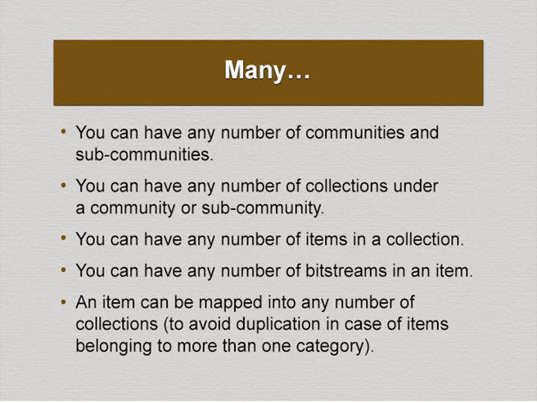So, an item can be mapped into any number of collections to avoid duplication in case of items belonging to more than one category. Here, of course, those who remember the phase relations of Ranganathan, for example, if there is a book on statistics for doctors, ideally the item should appear both in statistics and in medicine.